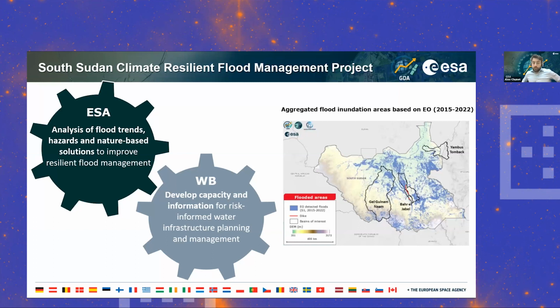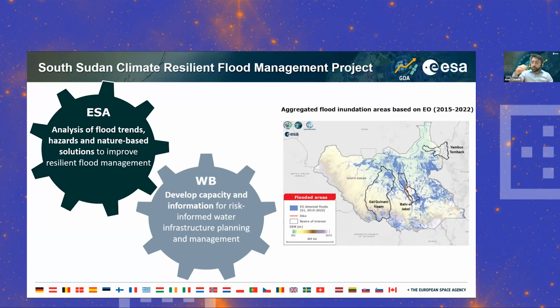And so what we've been doing is that we've mobilized a team, and more specifically, I think the company that was working here was GMV, a company from Spain, to develop products monitoring basically the trend in floods from 2015 to 2022 in order to inform the plans and kind of the public policies related to resilient flood management in the country.